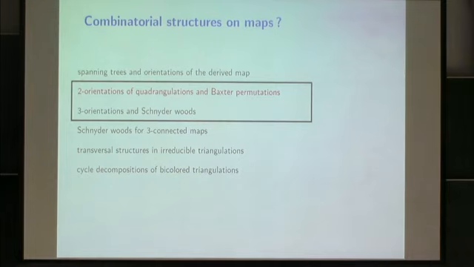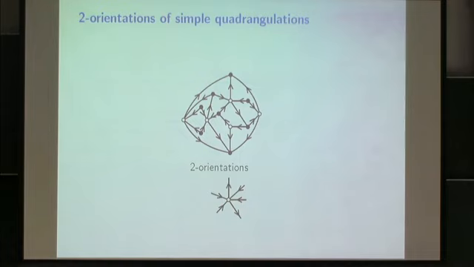Okay, so that was the first example, and then there is a second example which I will be faster on. So we now try to do the analogous thing for simple quadrangulations.